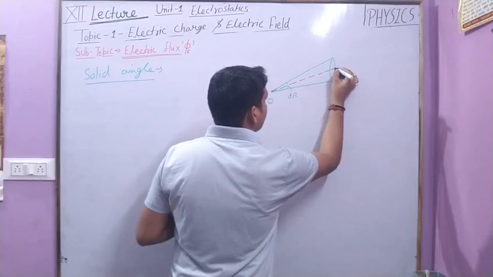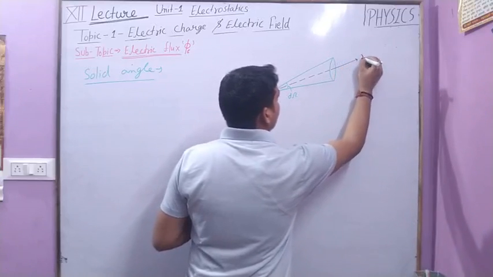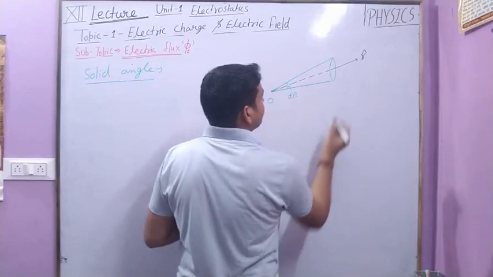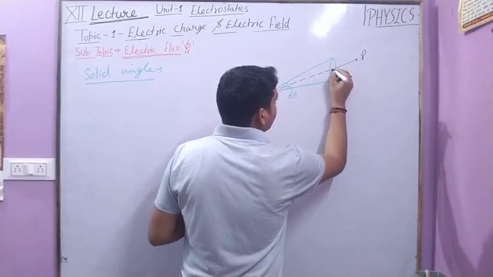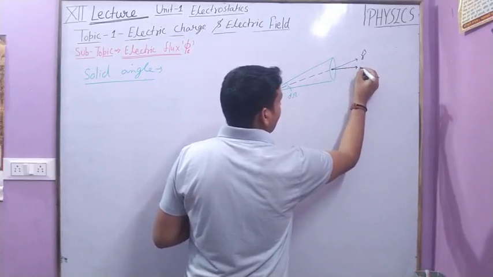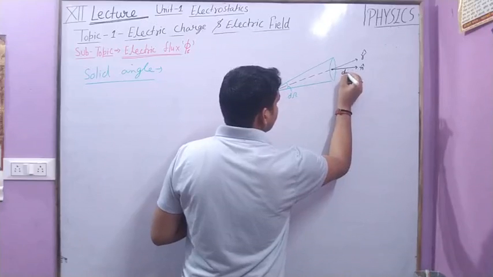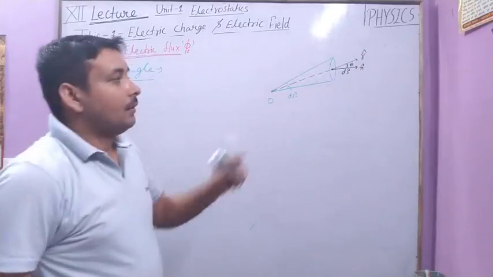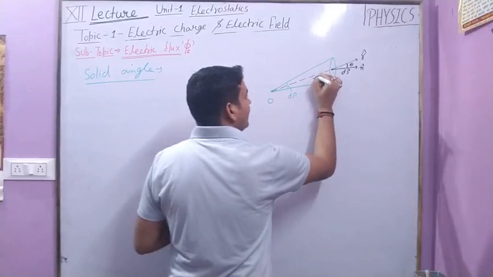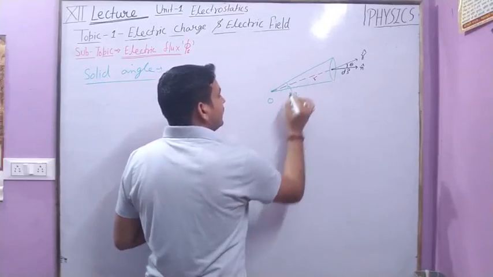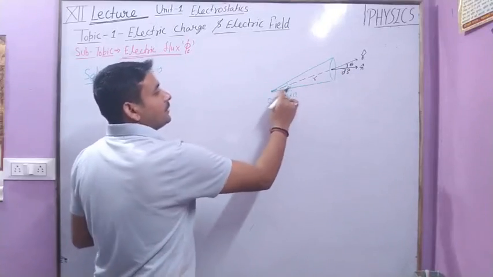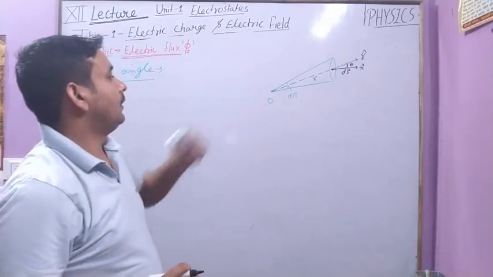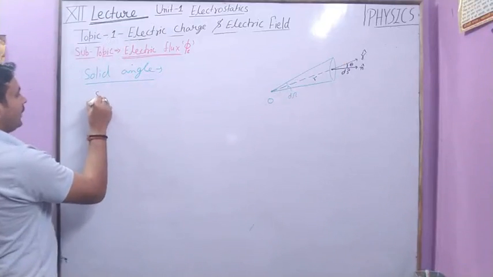This is the direction of the radial vector r, and at this point the area vector ds makes an angle theta with the r cap of the radius vector. So we can define the angle subtended by a small area element at the center of the sphere.